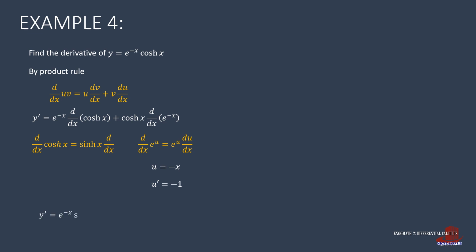So, y prime is e raised to negative x times the hyperbolic sine of x times dx all over dx plus the hyperbolic cosine of x times e raised to negative x times negative 1. Finally, with a little arrangement, y prime is e raised to negative x times the hyperbolic sine of x minus e raised to negative x with hyperbolic cosine of x.